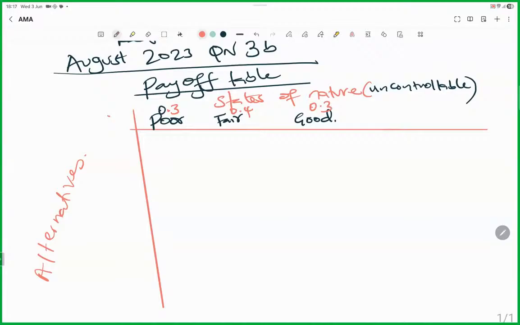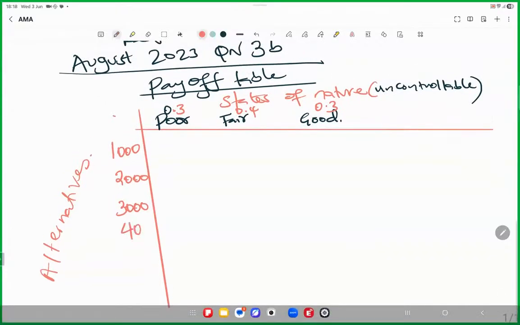And then now we have alternatives. Alternatives are our actions, what we are going to do ourselves. For example, if you're going to sell 1,000 sandwiches, that is upon us. We are the one to make that decision. So we have 2,000, 3,000, 4,000.